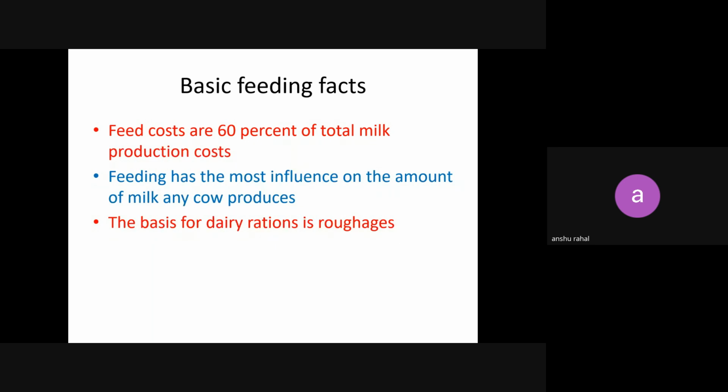When we are meeting the dry matter requirement of the animal, we try to give about 60% of the total dry matter through the roughages and 40% through the concentrates.